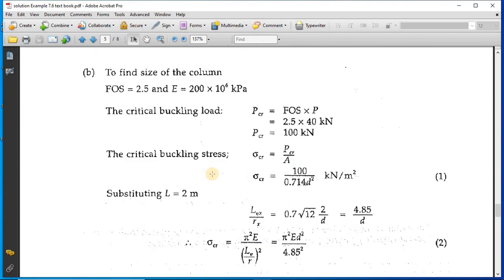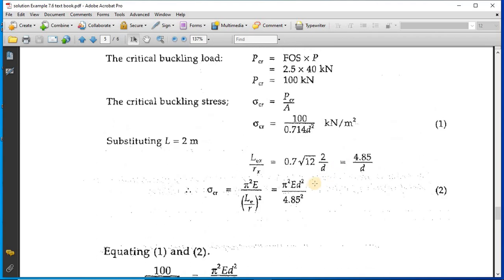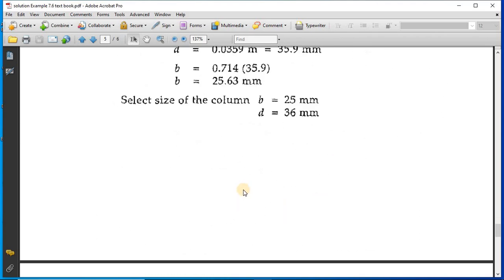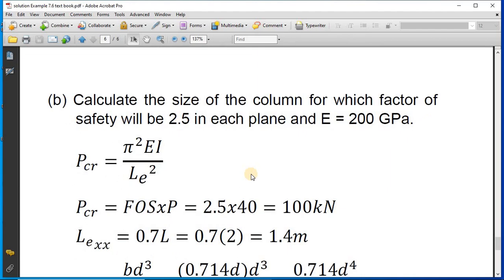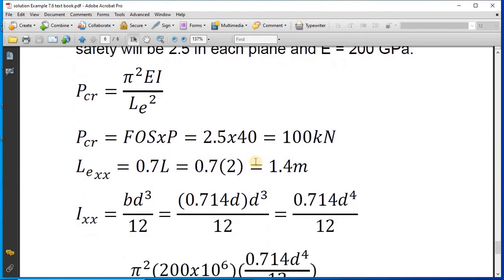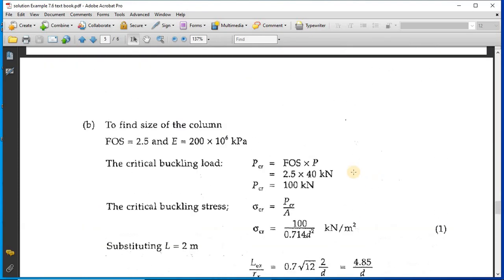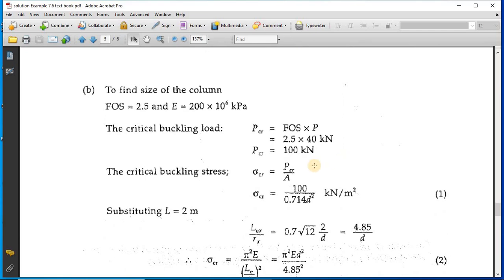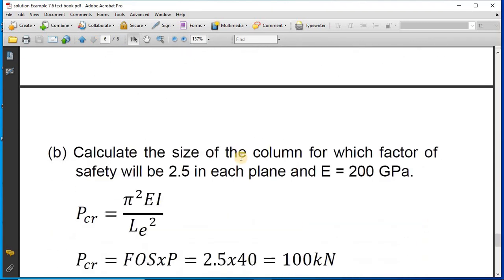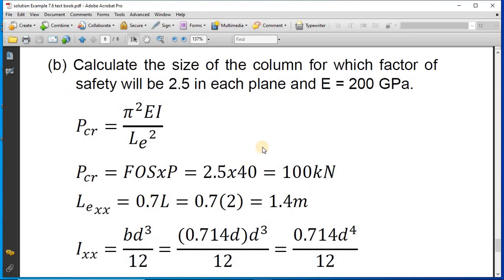If you use the buckling stress equation, the steps are quite long, but if you use the critical buckling load, or Euler's equation, the solution has fewer steps. So I won't explain the solution based on the buckling stress approach; I hope you can figure it out by yourself. I'm just explaining based on the critical buckling load equation.